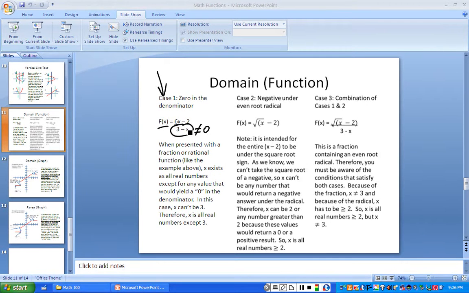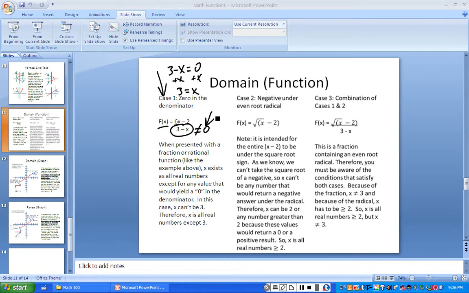So in this case, I have 3 minus x, so I just say 3 minus x equals 0 and solve for x. Well, I can just add x to both sides and I get x equals 3. So in other words, if x is 3, then 3 minus 3 would give me a 0. So if x is 3, then I get a 0 in the denominator, and we say we don't want 0 in the denominator because a function is undefinable when you have 0 in the denominator.